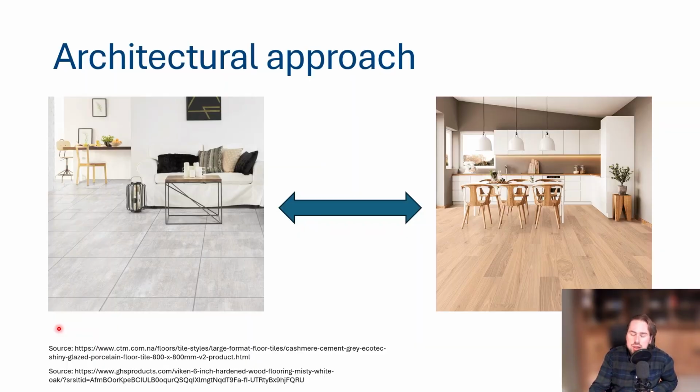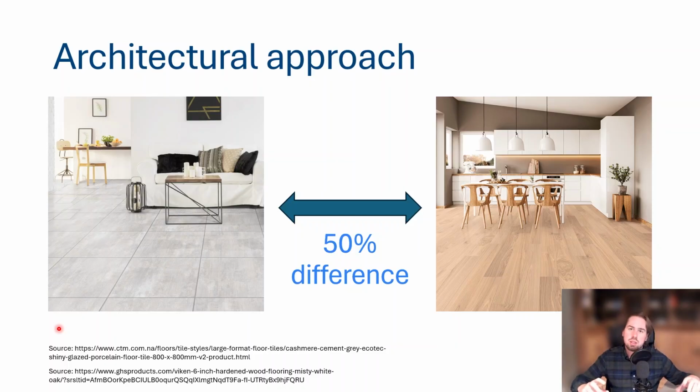Now there are aesthetic reasons to opt for one or the other, but what is important is that there is a 50% difference in emission capacity between ceramic tiles, which conduct heat very well and are good for floor heating and floor cooling, whereas our wood floor is not very good at it, because wood is kind of an insulator, and the harder or the thicker your wood layer, the worse the thermal behavior.